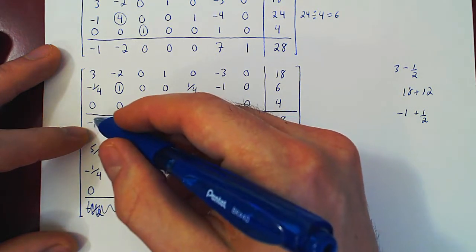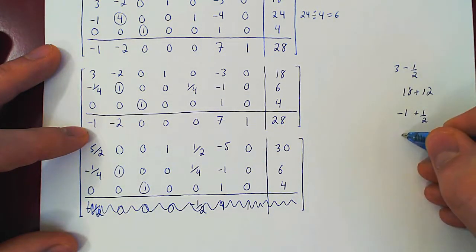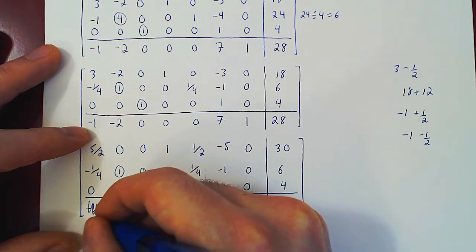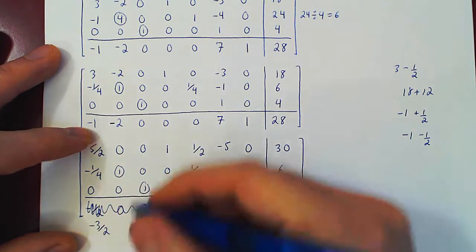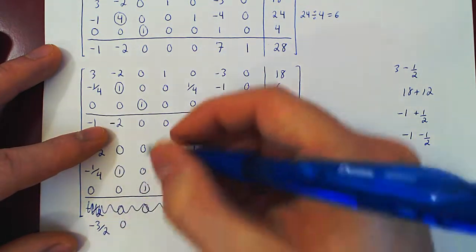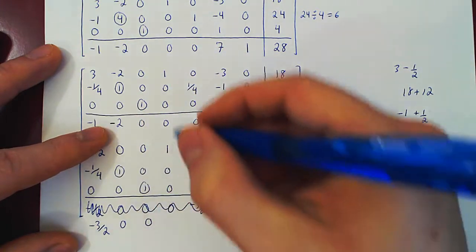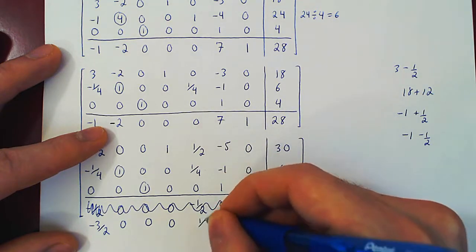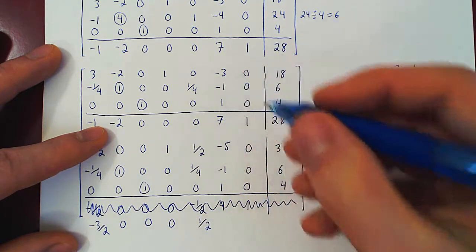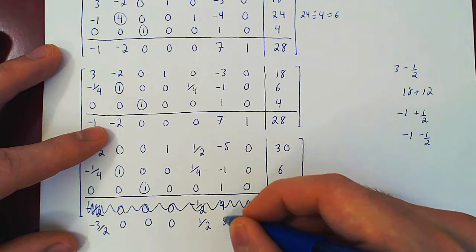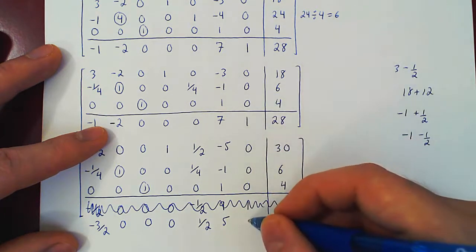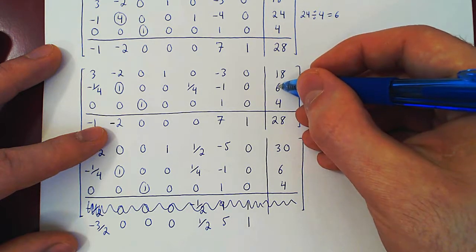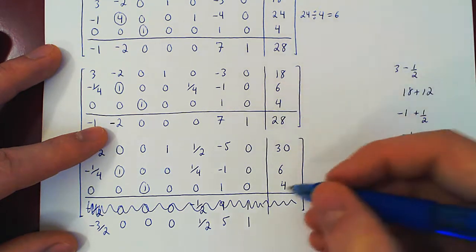So -1 plus 2 times -1/4, so -1 minus 1/2, -3/2. -2 plus 2, 0. 0 plus 0, 0. 0 plus 0, 0. 0 plus 2 times 1/4, 1/2. 7 plus 2 times -1, 7 minus 2, +5. 1 plus 0, 1. 28 plus 2 times 6 is 12. 28 plus 12 is 40.